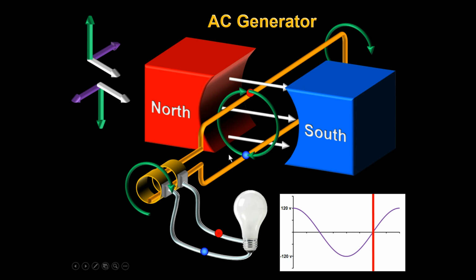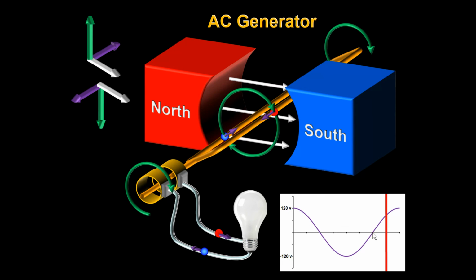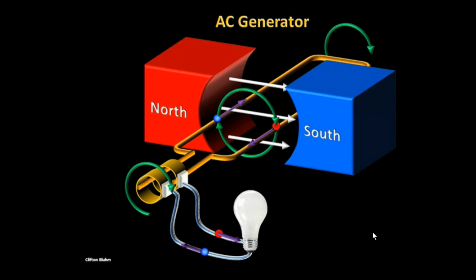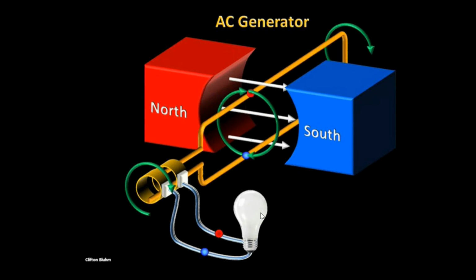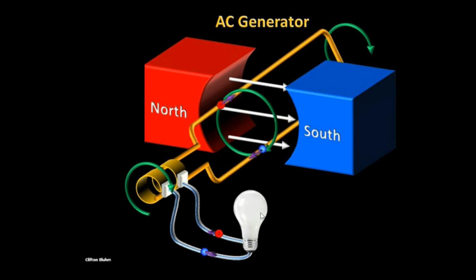Here it's going parallel. So when the charge goes parallel to the field, there's no voltage. And then here, and then here, and it just goes round and round and round. These charges get pushed back and forth through our light bulb, and that's how alternating current is made. And I think that is the end.